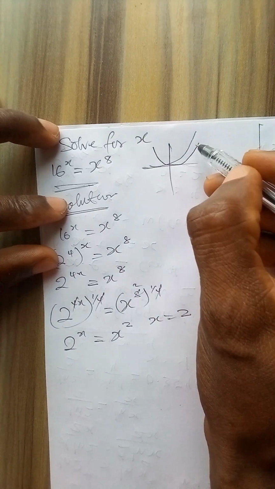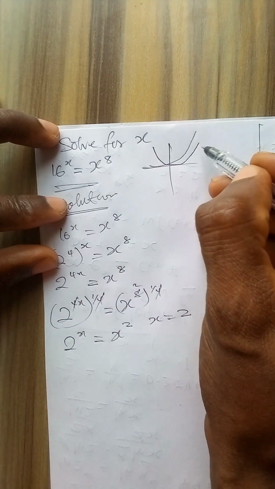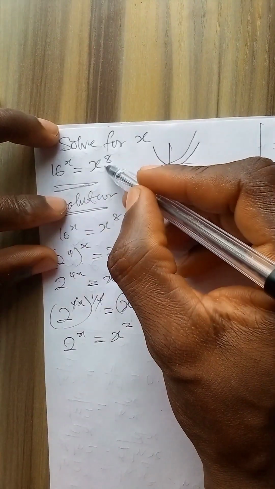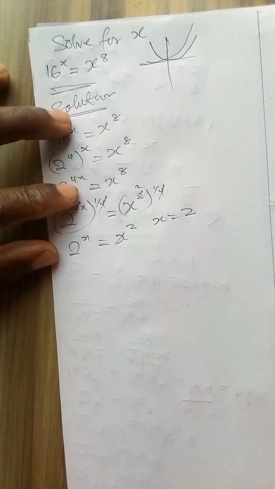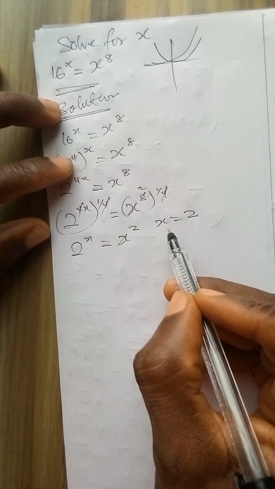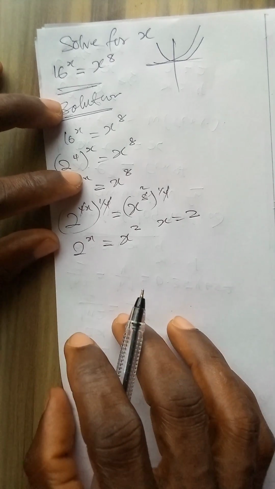So that means that there are at least 2 points where the lines for these two functions will meet. Those 2 points are where we'll have the solutions to the equation. And we just found out that one of the solutions is x equals 2. So let's find the other one.